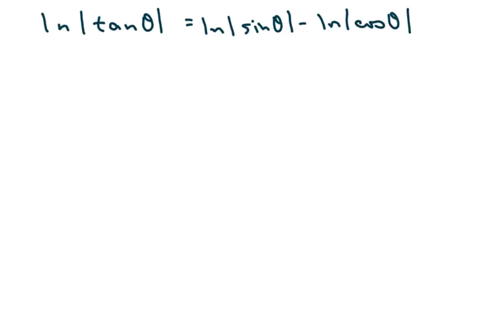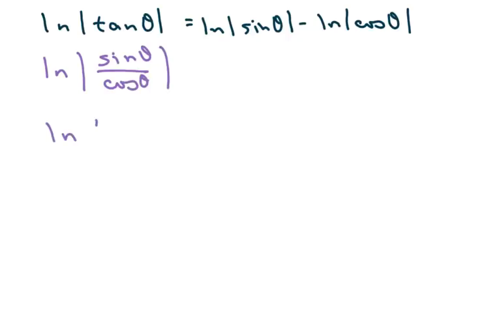Now, the next one is just an expansion. We're going to use our quotient property. So we have ln, rewrite this as sine of theta over cosine of theta. Now I'm going to expand it.